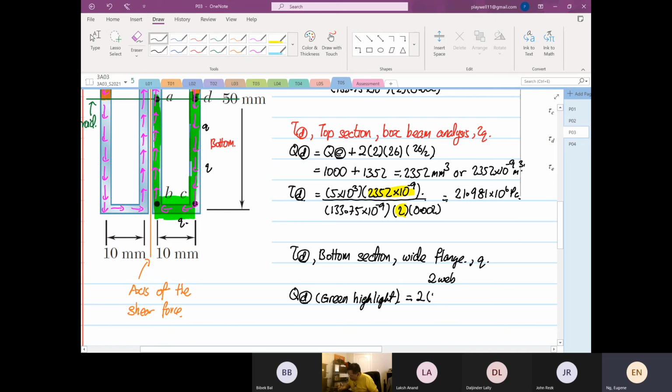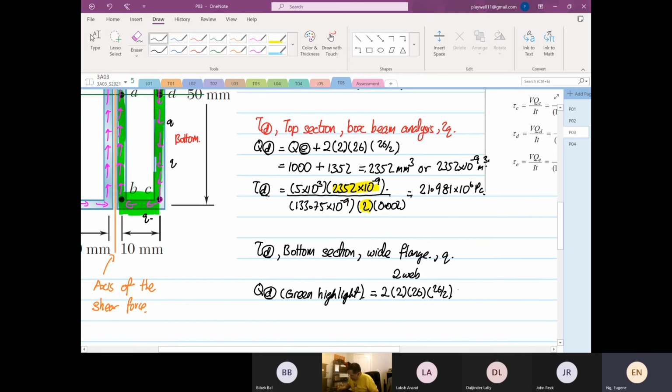The width is 2 multiplied by 26, that's the depth. 26 divided by 2, that's the y bar. Plus the bottom part, the width is 8, the depth is 2, and then the y bar is 25.